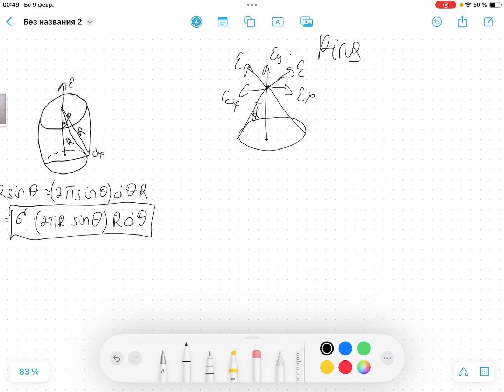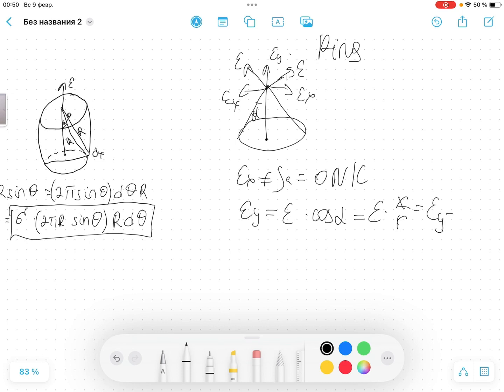Okay, then we can find that our dE is equal to charge multiplied by k over r squared, and our charge won't change, so it would be just dq over r squared, and our electric field dE is equal to k dq over r squared multiplied by cosine delta.